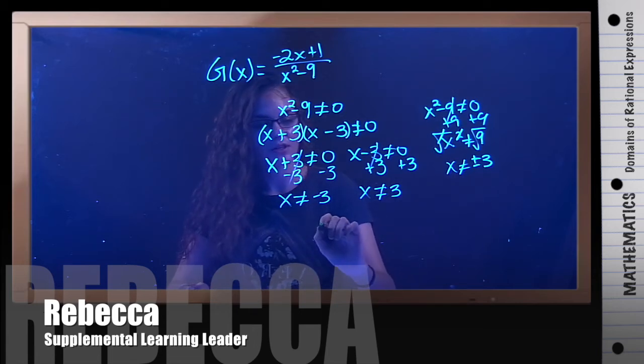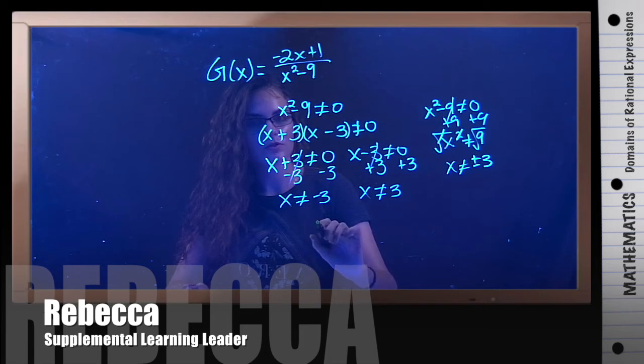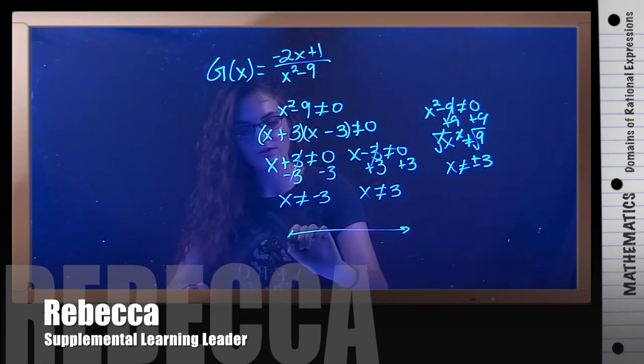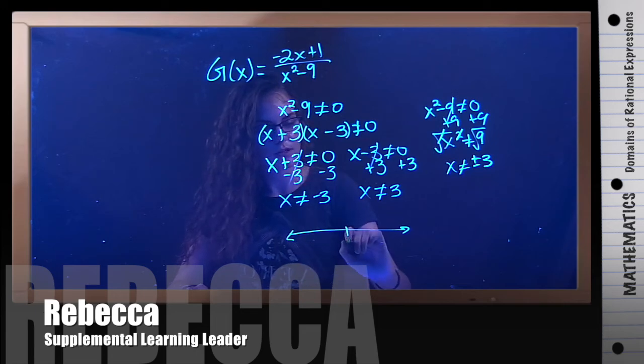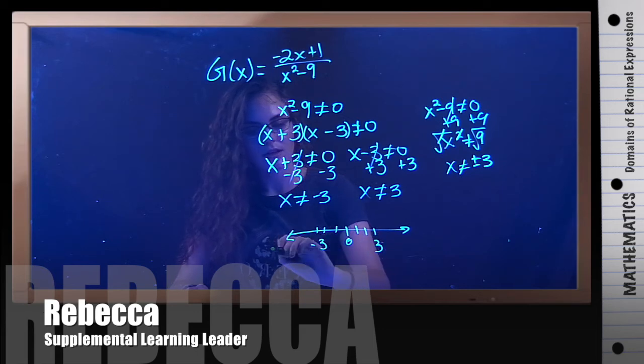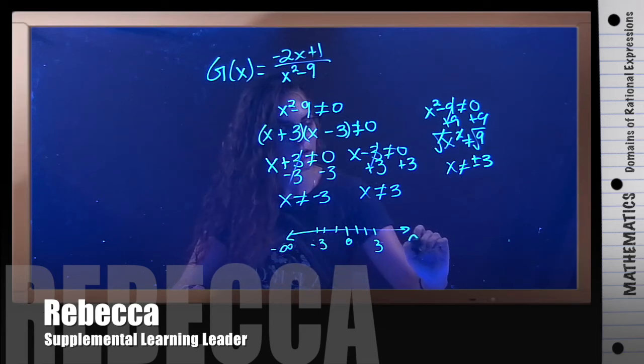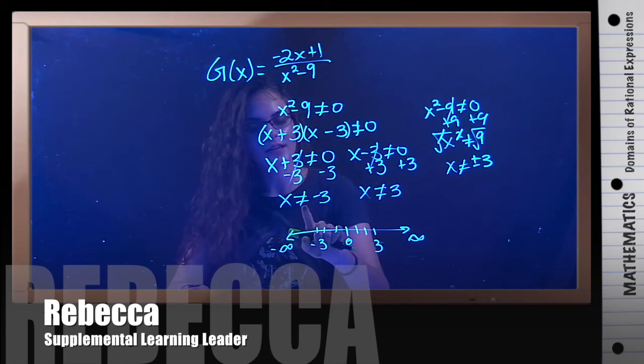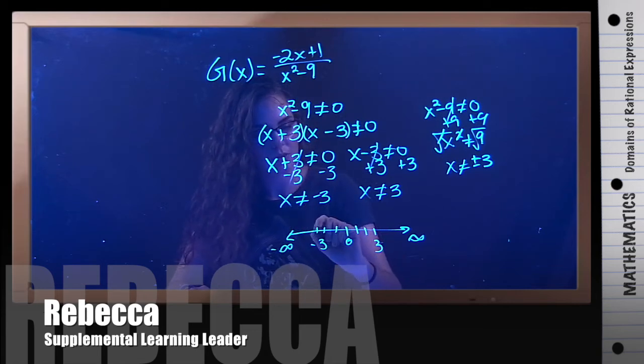But now we want to put this in set builder and interval notation. For interval notation, we can make a graph first. So if 0 is here, 1, 2, 3, 1, 2, 3, this is negative 3, and this goes all the way to negative infinity and infinity. Because x cannot be negative 3, we put an open circle at negative 3.